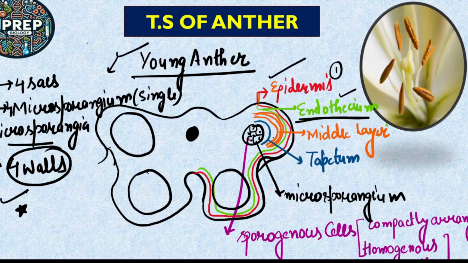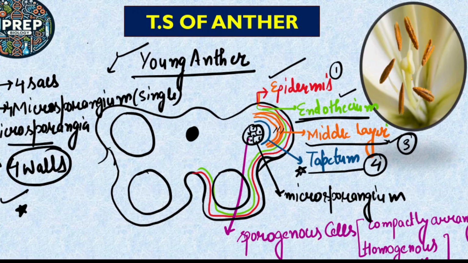Inner to endothecium, we have 3 to 4 layers. Those layers are called the middle layer. Is it clear? This is the third layer. And the last layer, the innermost layer, is the tapetum.